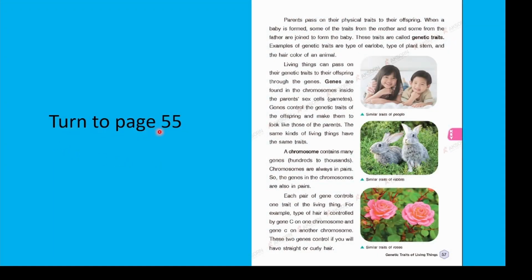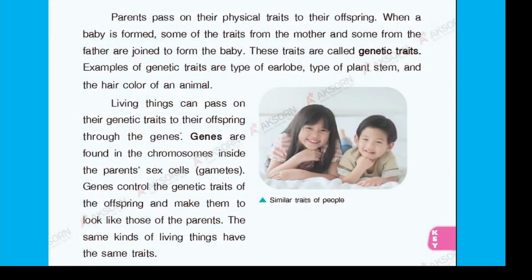Turn to page 55. Parents pass on their physical traits to their offspring. When a baby is formed, some of the traits from the mother and some from the father are joined to form the baby.